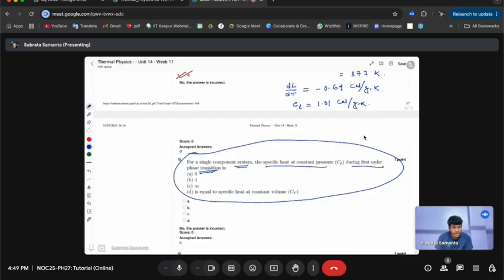Because Cp, the specific heat at constant pressure, is basically related to the derivatives of the Gibbs free energy potential. If the Gibbs free energy's first derivative is discontinuous, that means it is a first order phase transition. And if you take one more derivative, it basically diverges. So this one is infinity, right?